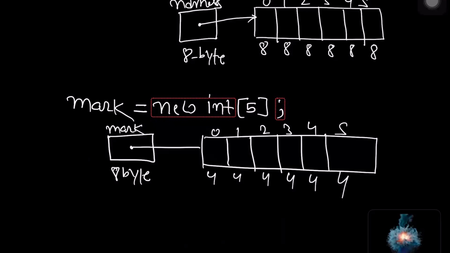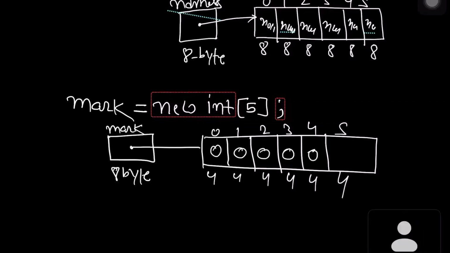Remember, in string it will be null, because it is assigned a default value. But what about integer? What is the default value of int? 0. It will be 0.